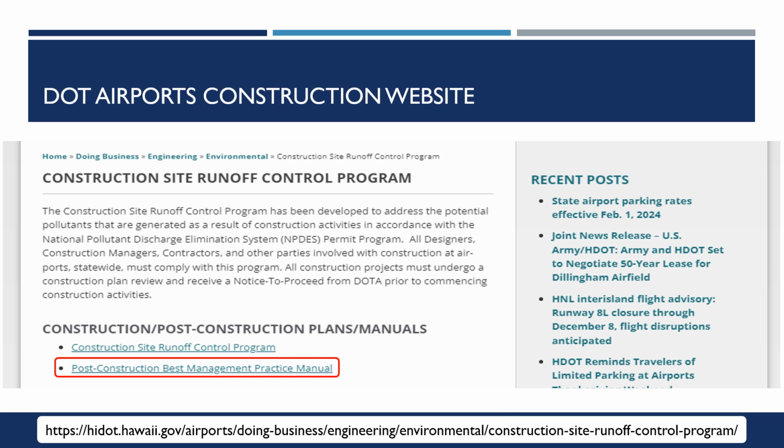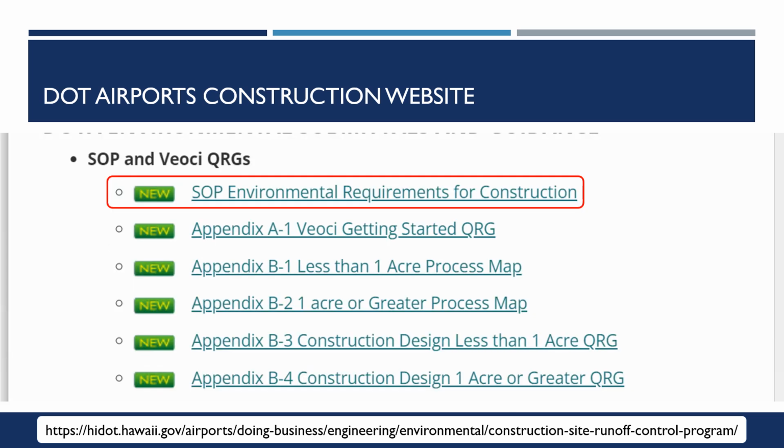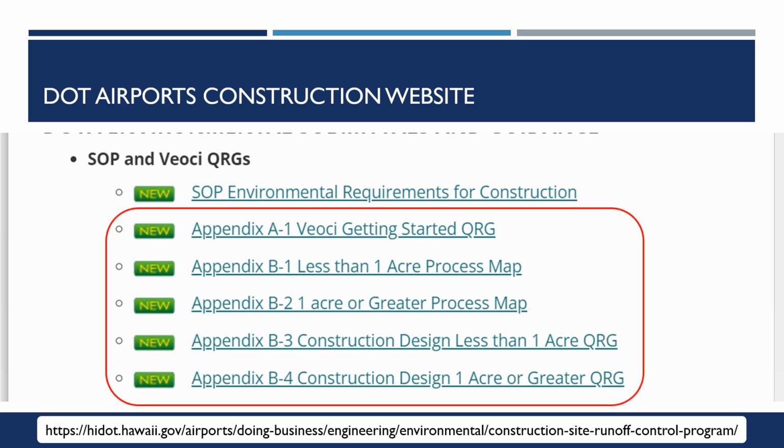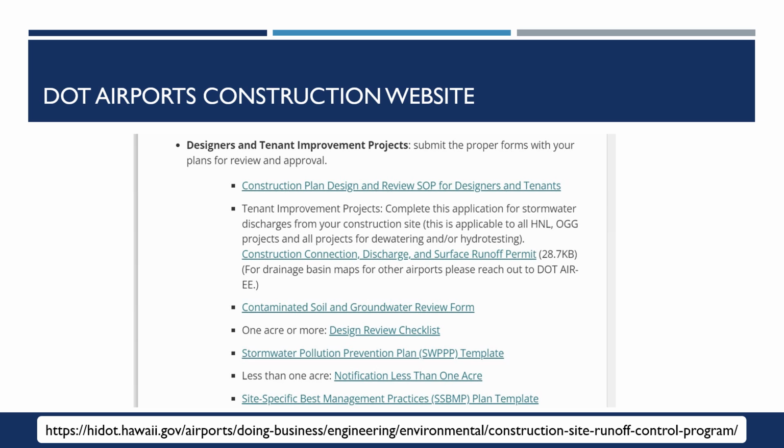Important resources to note for designers would be the Post-Construction Best Management Practice Manual, or PBMP Manual, SOP, Environmental Requirements for Construction, or SOP, VOC Quick Reference Guides, or VOC QRGs, as well as a list of other helpful links to templates and forms for designers and tenant improvement projects. We will refer to this webpage as the DOT Airport's website throughout this video.